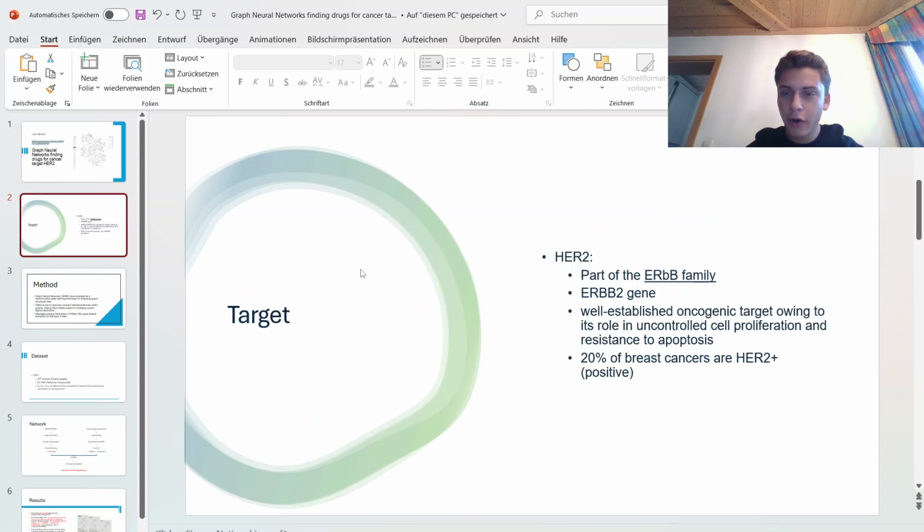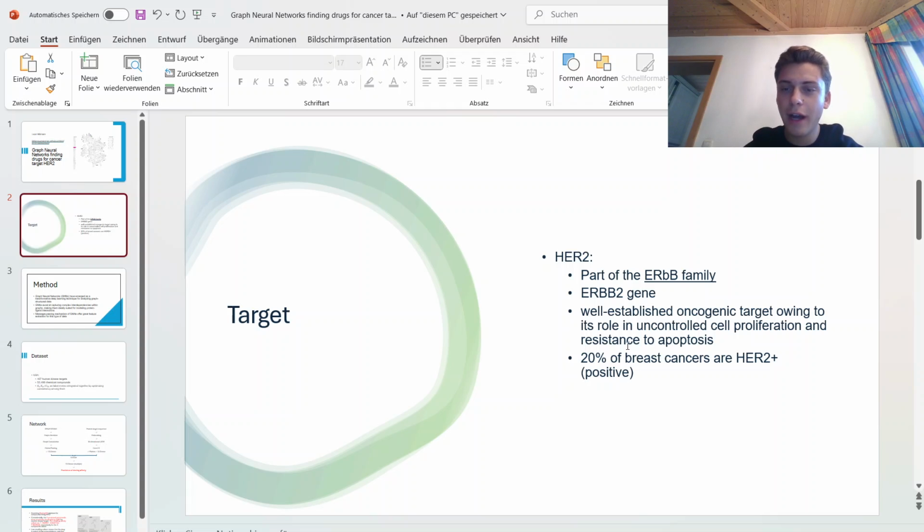So, our target is part of the ERBB family, and HER2 is a receptor kinase that is encoded by the ERBB2 gene. It is a well-established oncogenic target owing to its role in uncontrolled cell proliferation and resistance to apoptosis.